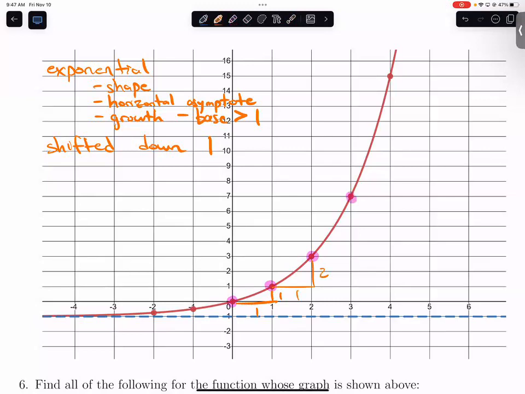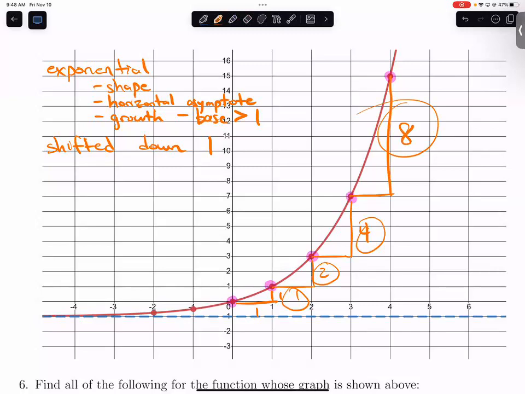And then over 1 again, so we're just counting over. I'm gonna stop writing that down because that's boring. How far up did we go? 4. Okay, and then the next one. Over 1 again, but how far up did we go now? From 7 to 15, so 8. So 1, 2, 4, 8. That's the change in y.